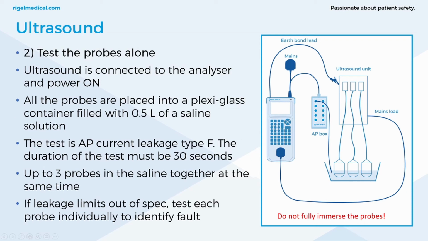So why do we use saline? Well, it is specified in IEC 60601 that you can use different types of conductive points if you've got insulated applied parts. I'll come on to that. But we try to look at this from the application of ultrasound in the actual setting where the clinician is using ultrasound gel.